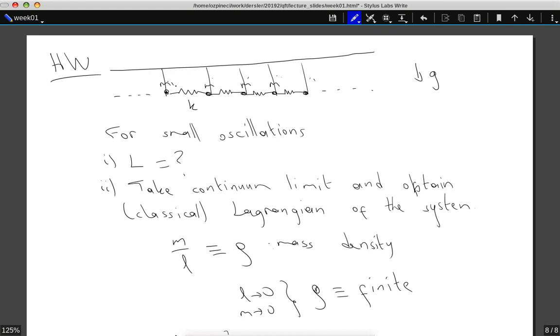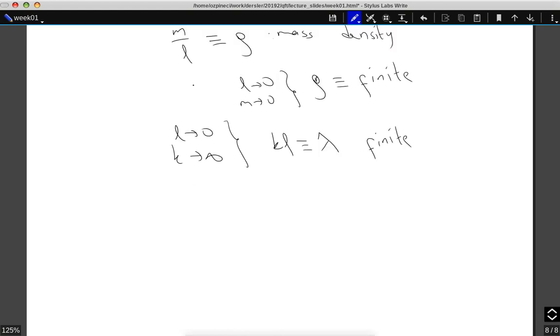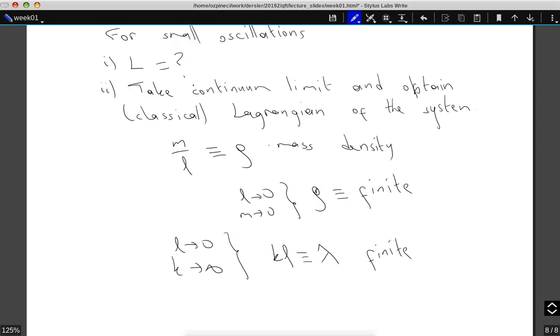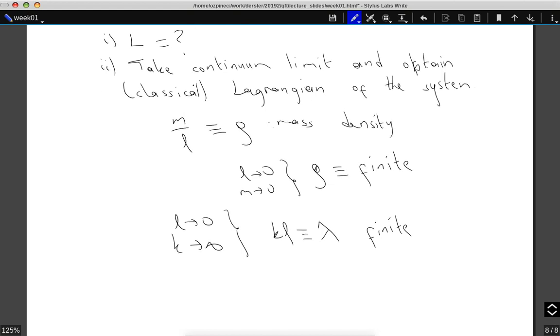Sorry, let's change this from L to, okay, this is L. Let's call that capital L. And see what you should do for capital L. Capital L goes to what?